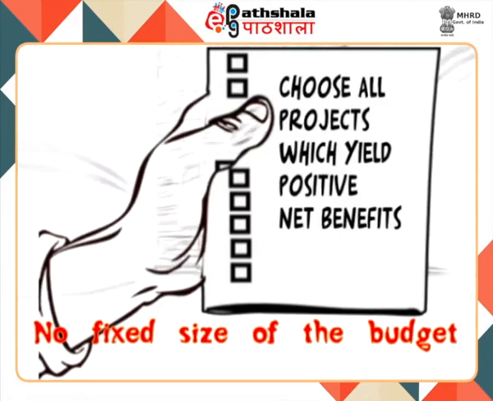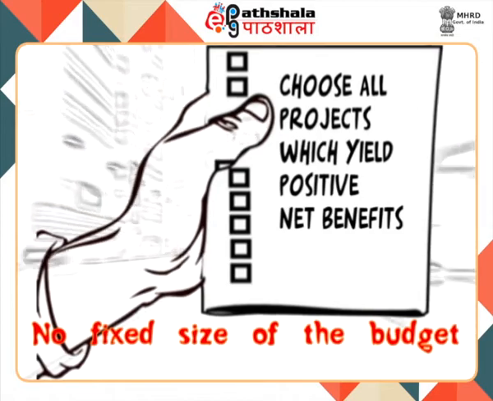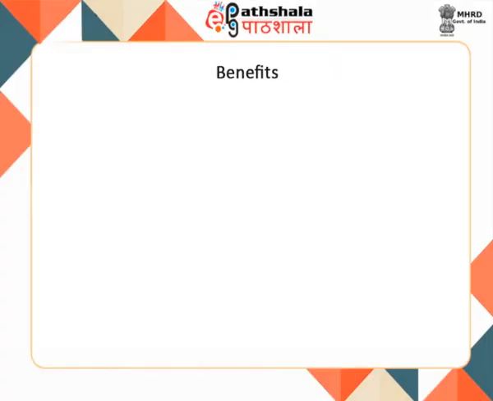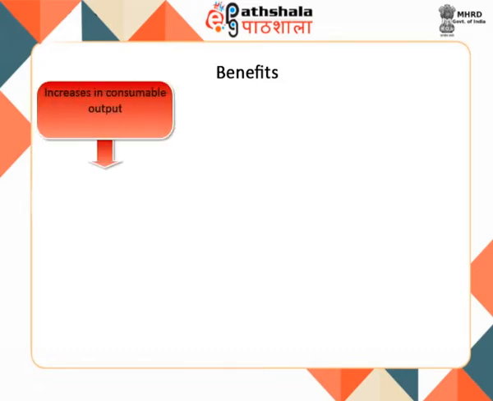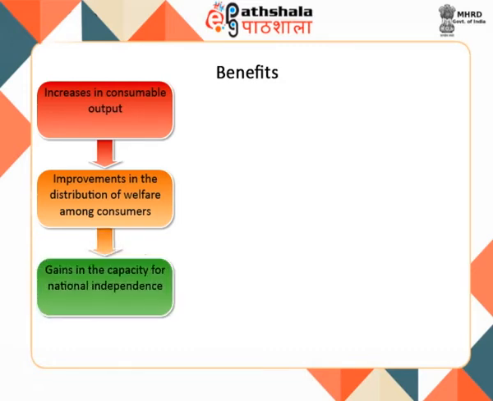Therefore, it would be proper to undertake a public project so long as the benefits of the project exceed its costs. Let us now understand benefits. In a broad sense, it includes the extent to which objectives are attained. As Good explains, benefits may include increases in consumable output, improvements in the distribution of welfare among consumers, and gains in the capacity for national independence.